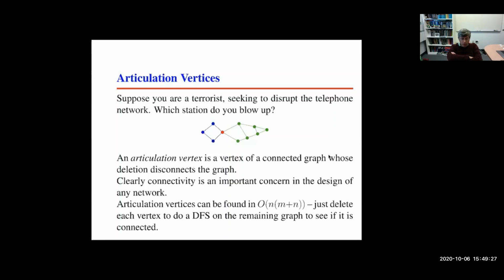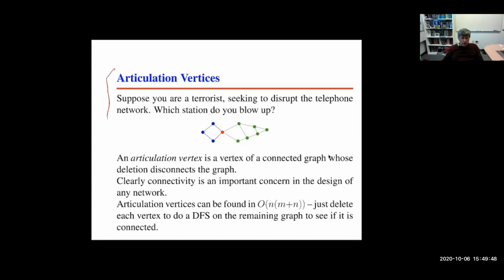So I want you to know about what the problem is of finding articulation vertices, not only because I'm going to show you an algorithm, but realize that once you know what the problem is and that there is an algorithm, you can pull that out when you need it.